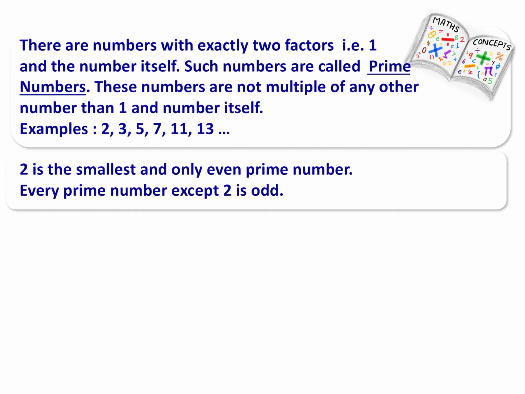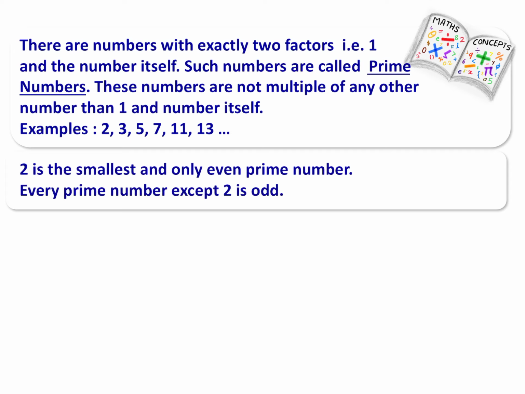Let's consider one example, that is 4. So 4 will have three factors, 1, 2 and 4. For that matter, any other even number than 2 will definitely have at least three factors, that is 1, 2 and the number itself. Why? Because a number is called even only if it can be divided by 2 completely, right? And that's why other even numbers are not prime numbers.